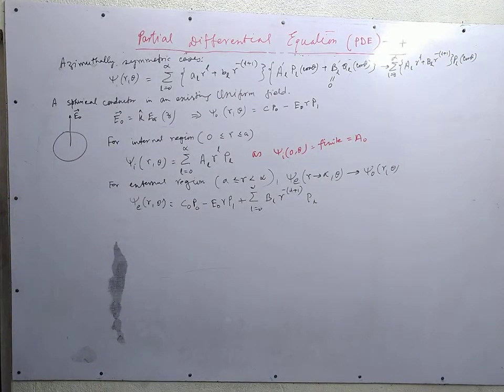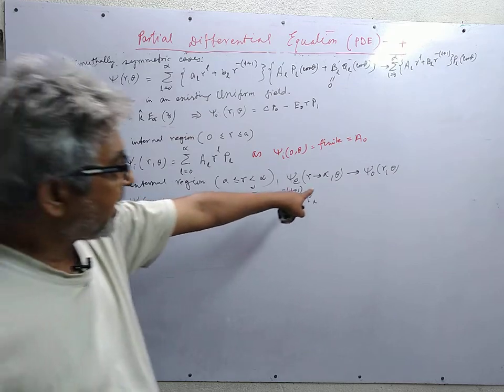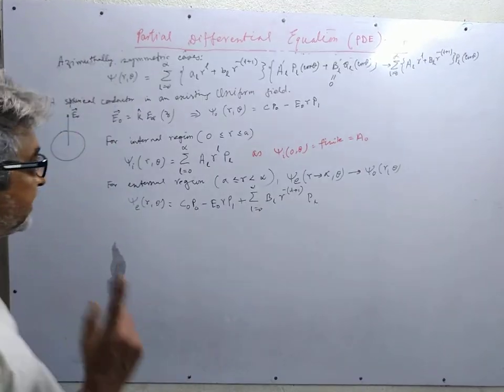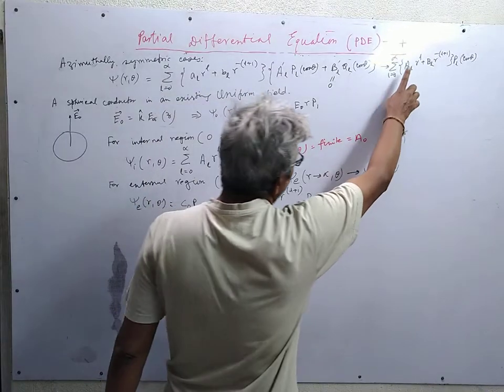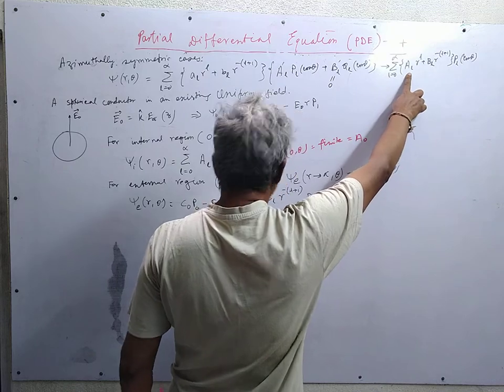And for the external region, r extends from a to infinity, and as r tends to infinity, the potential must be the potential phi 0, which represents the existing uniform electric field. That is, the potential must go to phi 0 in the asymptotic region. So this says that only A0 and A1 will be there, and all other A's are 0.